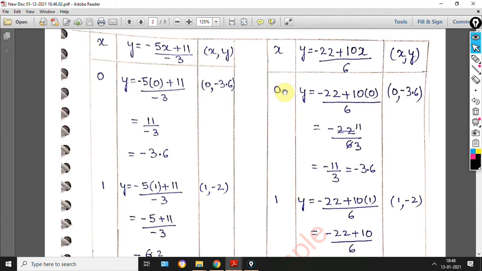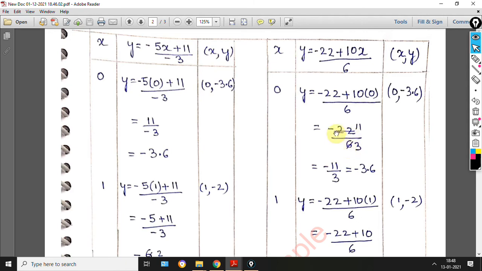Here also I am taking the x value as 0. Any value you can take, I am taking 0. Next, y equal to minus 22 plus 10 into x. How much is x? 0. So 10 into 0, whole divided by 6, equal to minus 22 plus 10 zeros are 0, so minus 22 plus 0, we will get minus 22 divided by 6.